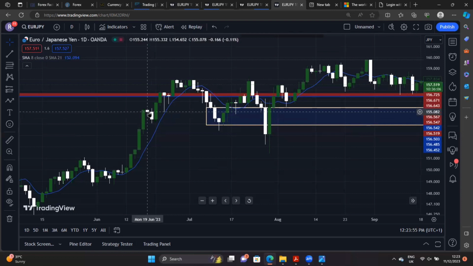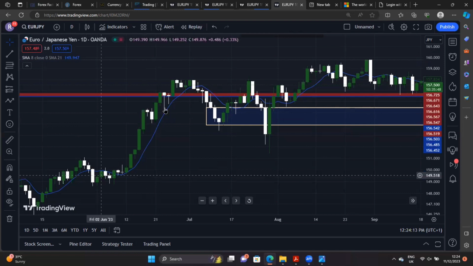This market movement happens in both an uptrend and a downtrend counterpart.